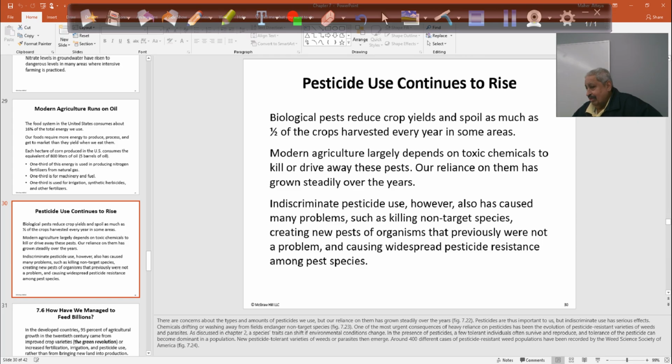Kidney failure? That's one of them, but kidney failure has to do with the metals. But most of these, they cause cancer. All types of cancer, you name it. That's a major problem.